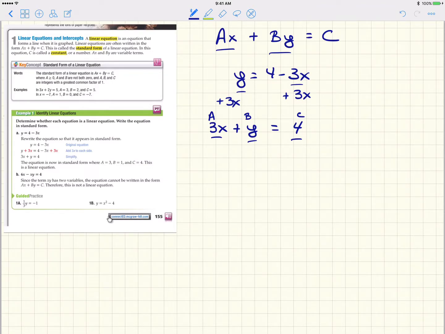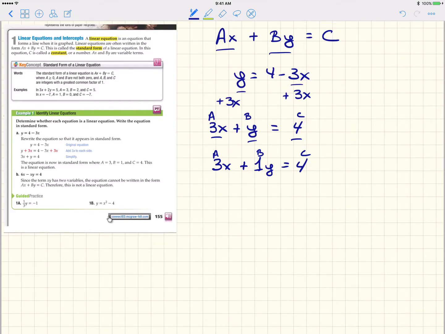So I can rewrite this as 3 times x plus 1 times y equals 4, where a equals 3, b equals 1, and c equals 4. This describes a linear equation: something times x plus something times y equals 4.